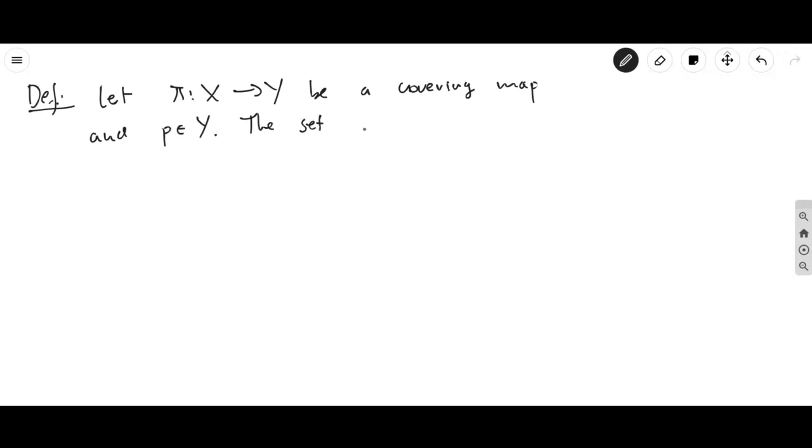The set pi inverse of P. Well, if you want to be a little bit more precise, you really have to say it's the inverse of a set. So it's the inverse of the singleton set. So you're pulling back a set. But we usually get sloppy and we just say the inverse of a point.